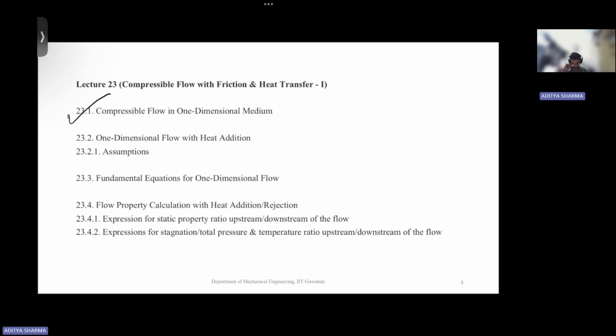The first topic here is compressible flow in one-dimensional medium. This topic is basically a revision of whatever you have studied in previous lectures related to one-dimensional compressible flow.